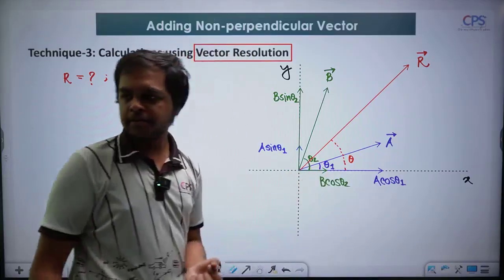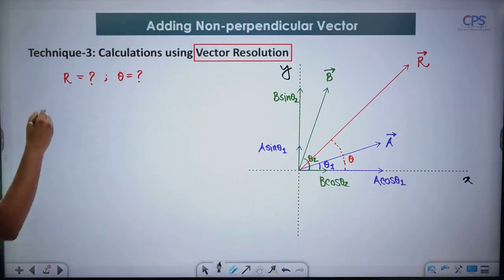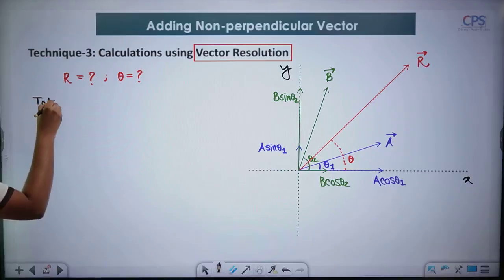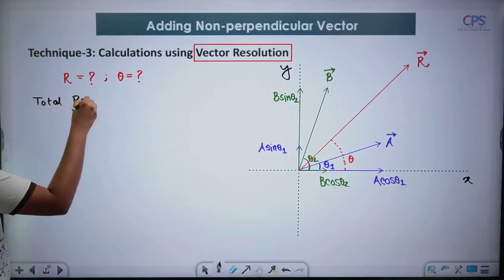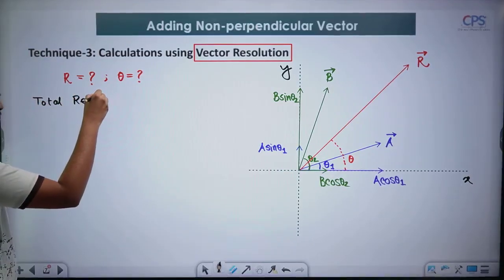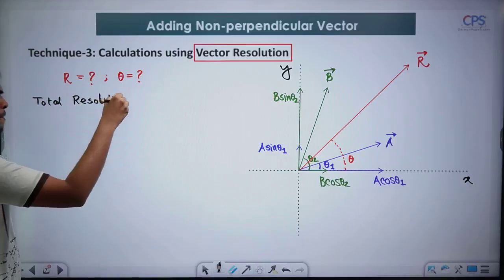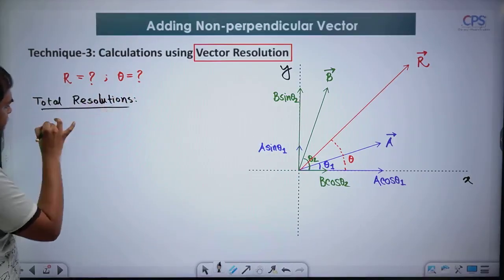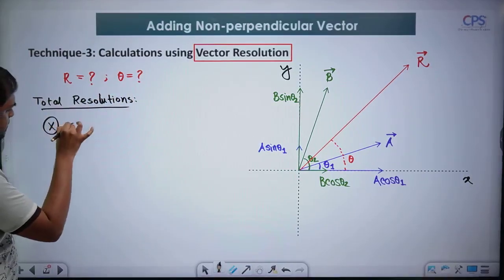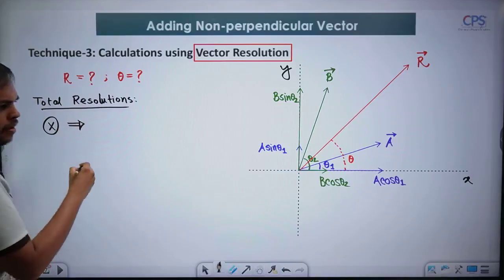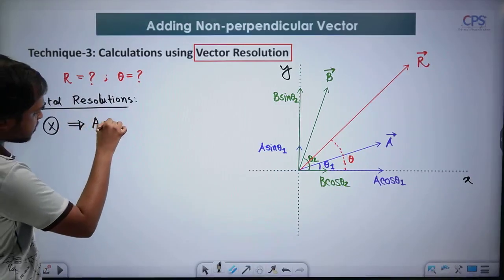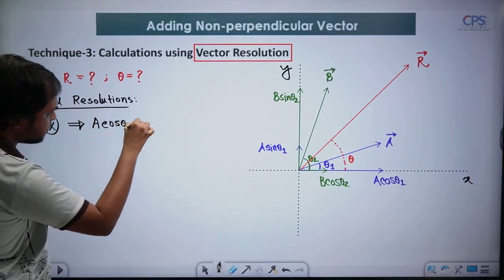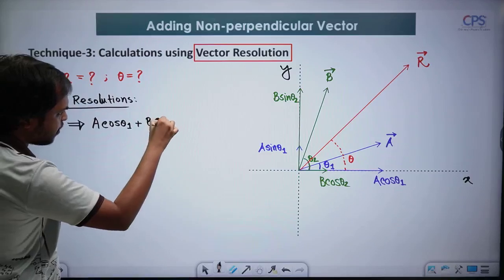So let me just calculate the total of it. Total resolution in the x-axis is A cosine of theta 1 plus B cosine of theta 2.